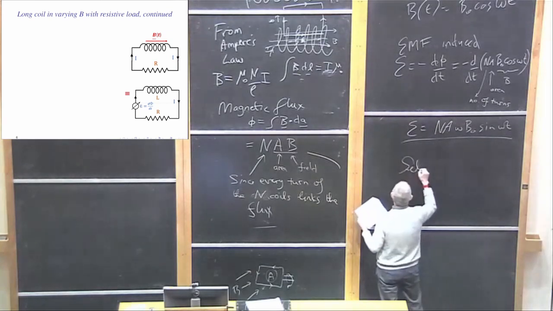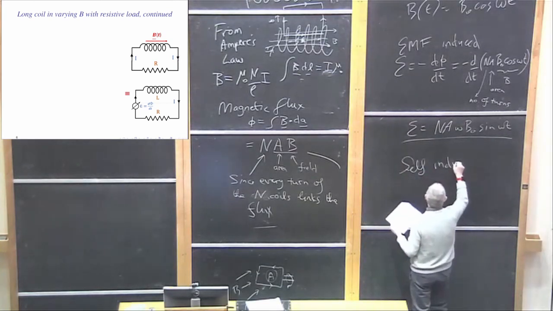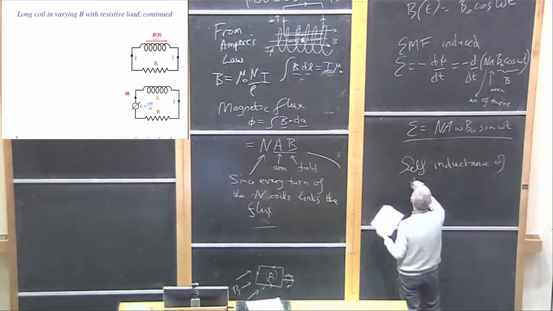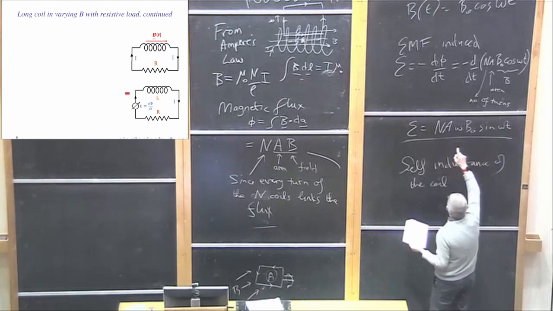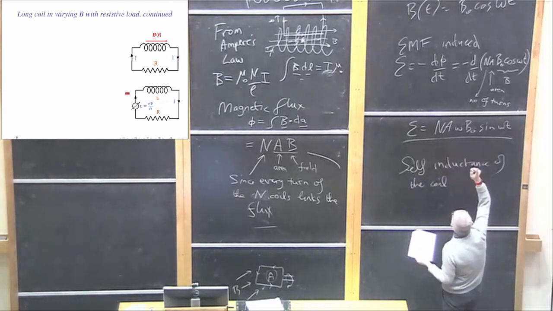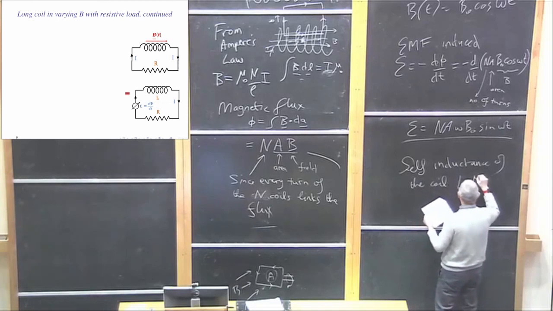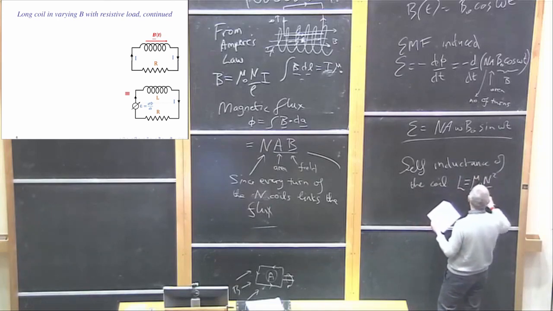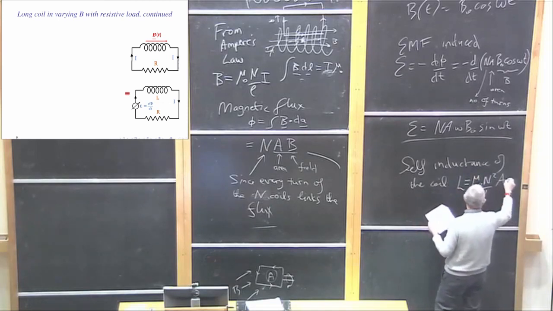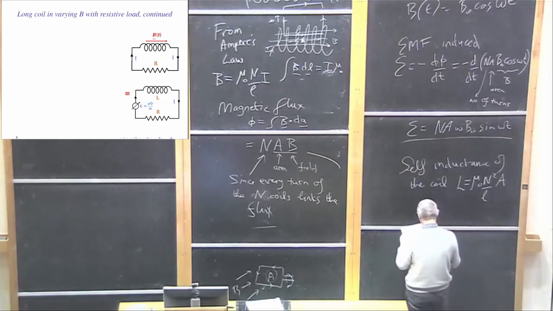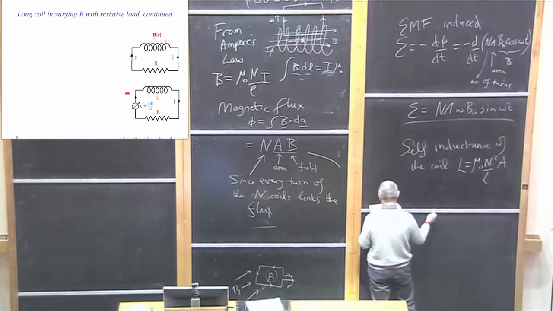So self-inductance of the coil. Self-inductance of the coil is whatever it was up there. L equals mu naught N squared over l, A. Right. That's the self-inductance.